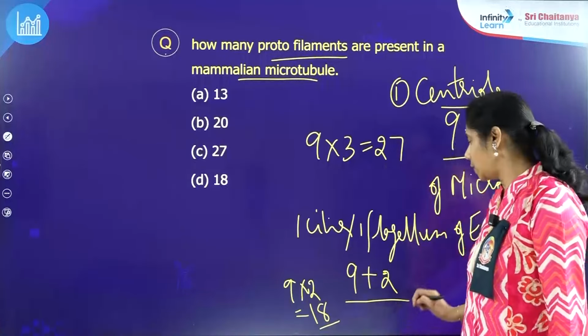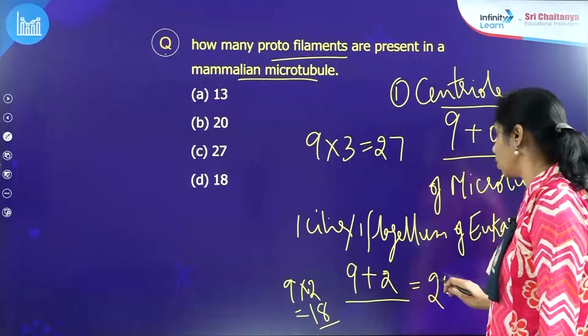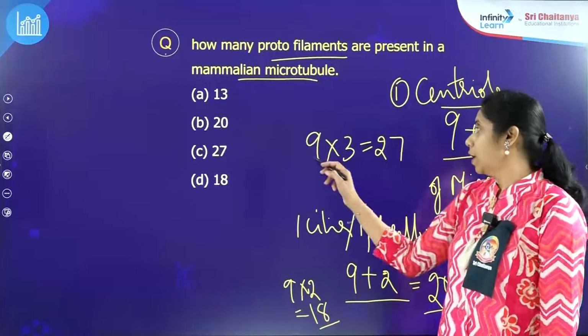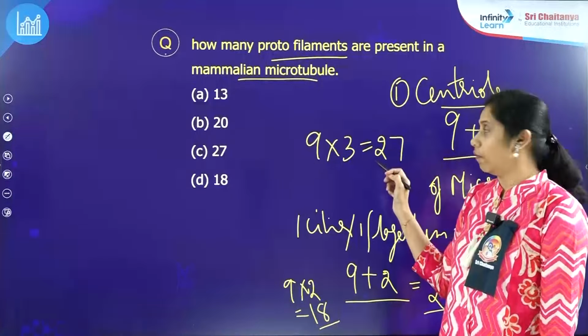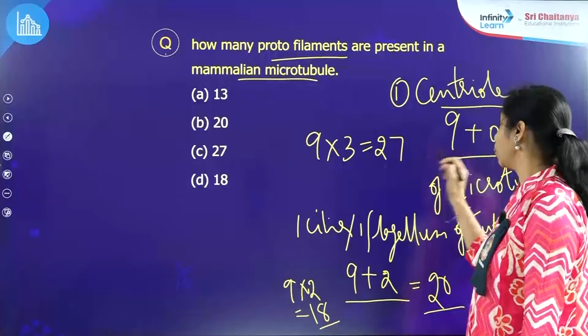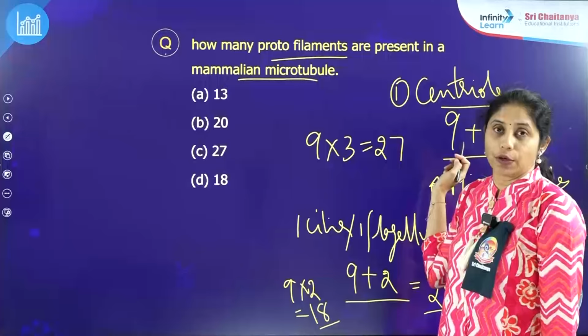So 18 plus 2, 20 microtubules will be there altogether in cilia and flagella of eukaryotes, whereas in one centriole of the centrosome 27 microtubules will be there, with the 9+0 arrangement.